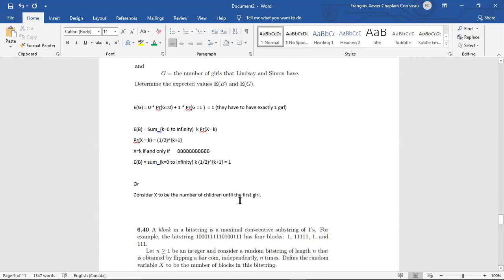That's inclusive. Now this follows a geometric distribution with probability of success equal to a half.